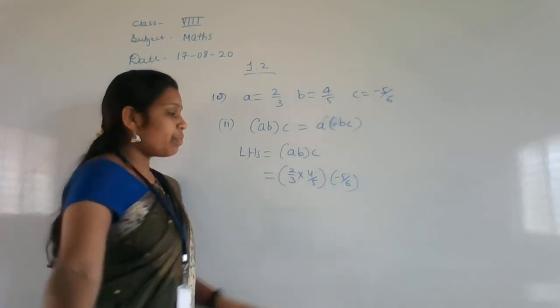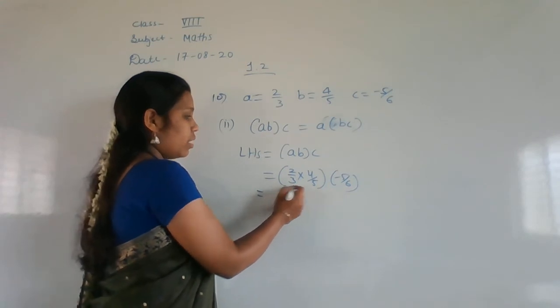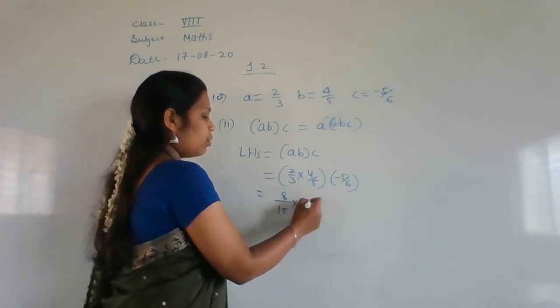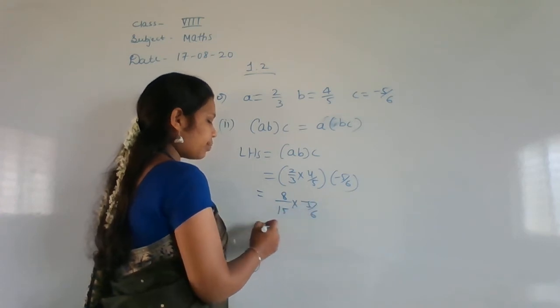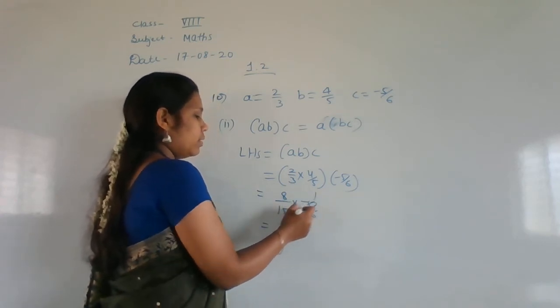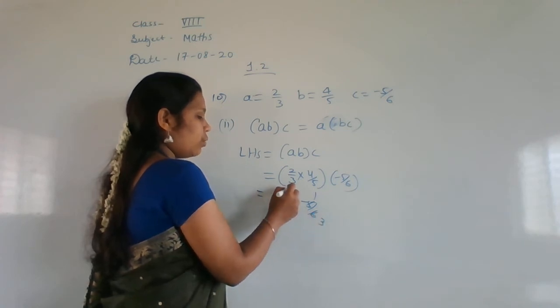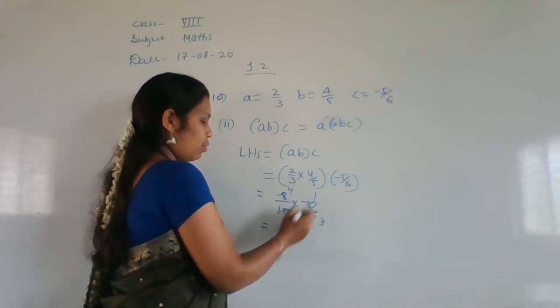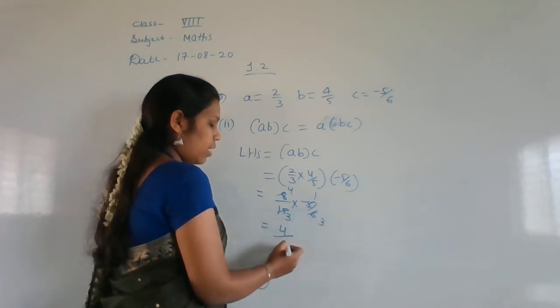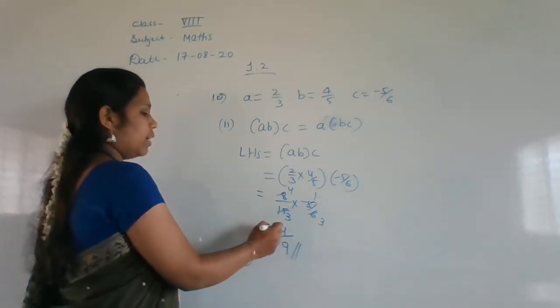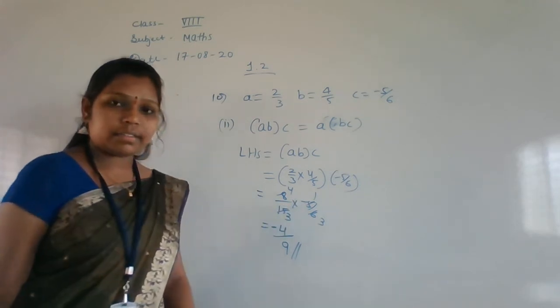Understood that? Okay. So here multiply: 4 2s are 8 and 5 3s are 15, into minus 5 by 6. Again 5 1s are 5, 3s are here. 2 3s are 2, 4 1s are 4 and 3 3s are 9. So the answer is this much, that is minus, because there is a minus sign here.